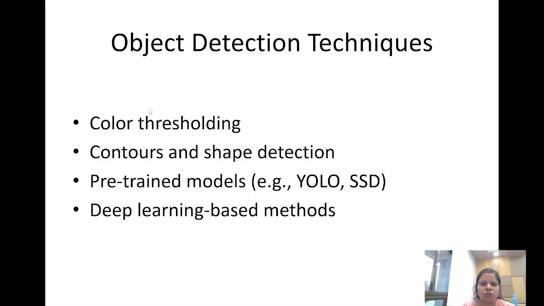Advanced approaches involve YOLO, You Only Look Once, SSD, which is a single shot detector, or RCNNs. These methods allow us to recognize multiple object classes with bounding boxes. You can also get a probability that, for example, a white object is detected with a certain probability, making them suitable for tasks like autonomous driving or robotic manipulation.